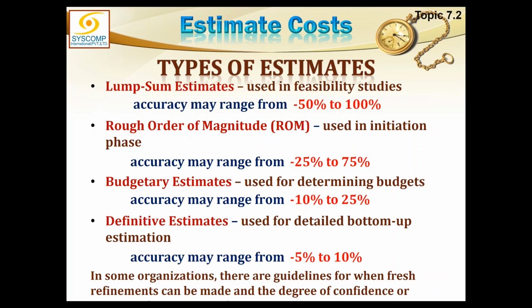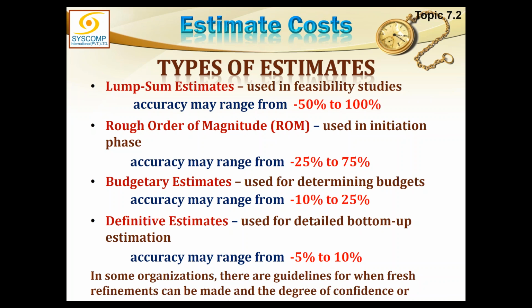So we again try to make some approximate estimate, and this is called rough order of magnitude. The accuracy of this estimate is minus 25% to plus 75%. Meaning what? If it is 100,000, that would be from 75,000 to 175,000. That would be the limit in which the project is likely to be done.